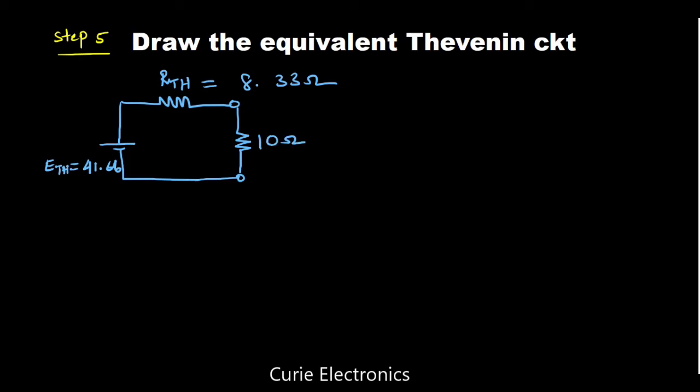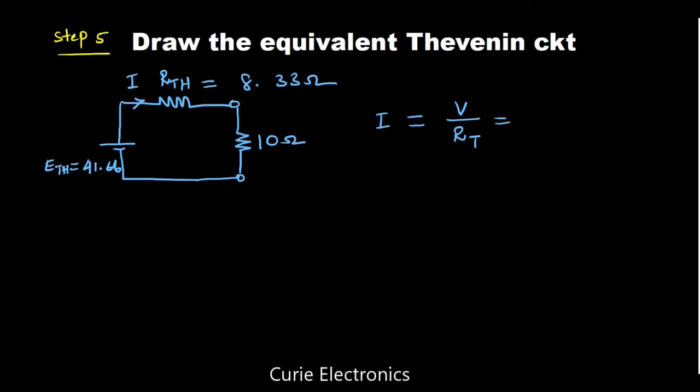Now whatever current flows through this RTH, the same current will flow through the 10 ohm resistor also. So I equals, if you find the series circuit current, the same current will flow through the 10 ohm resistor also. What is the equation for I? V upon R total, RT.